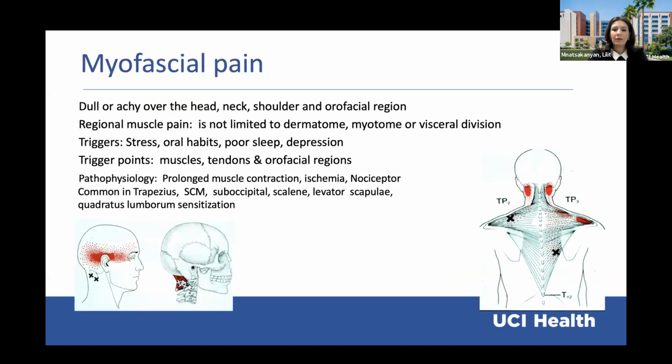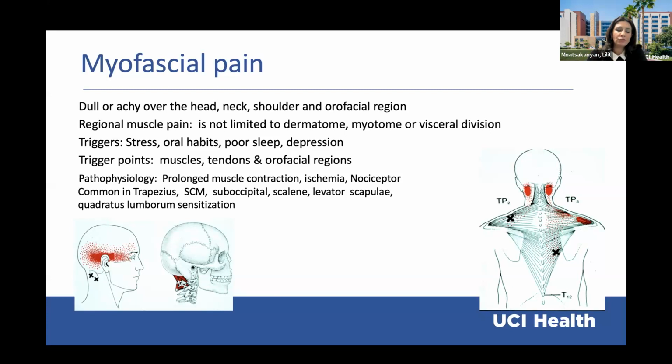Moving on, the next category is myofascial pain, which is typically dull, achy. It's all over the head, neck, or parts, and could include the shoulders or the whole facial region. The main differentiation of this pain from other disorders is that it does not follow a specific neurological structure. So it's not limited to a dermatome or myotome, it's more vague.